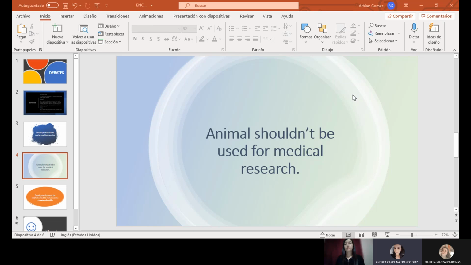Tom Regan, a philosophy professor at North Carolina State University, states that animals have a basic moral right to respectful treatment. This inherent value is not respected when animals are reduced to being mere tools in scientific experiments.